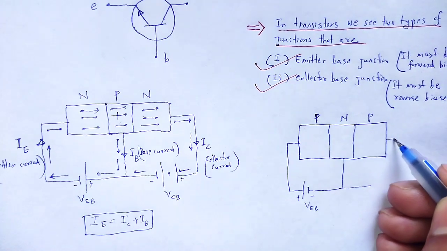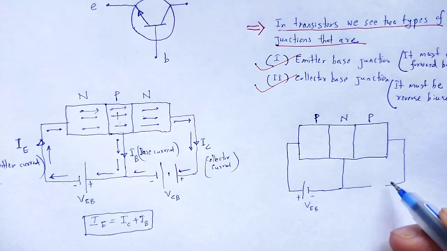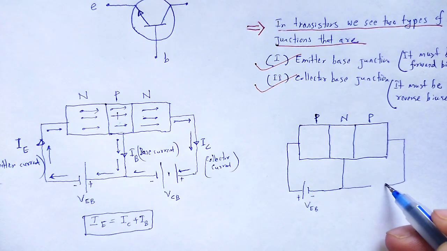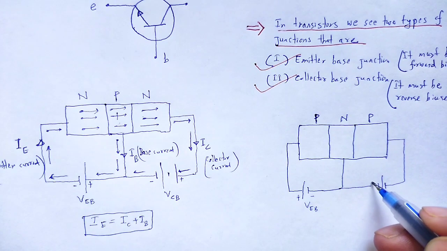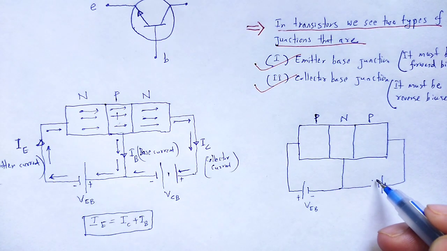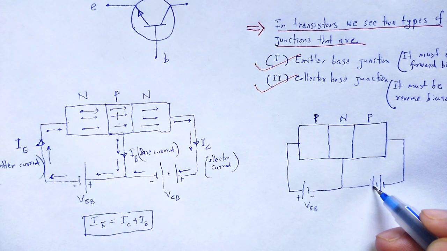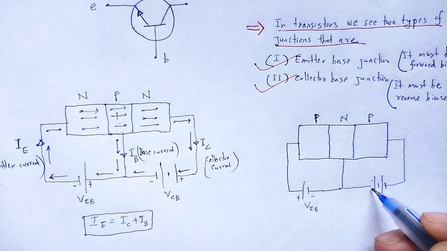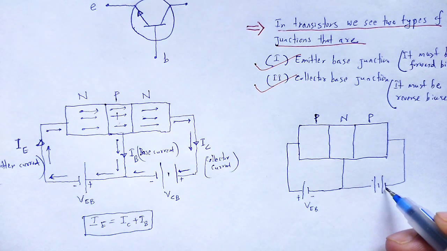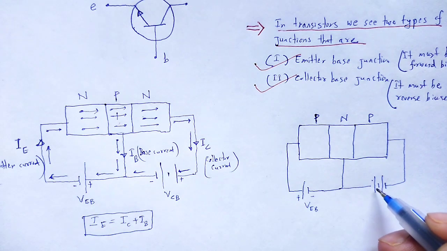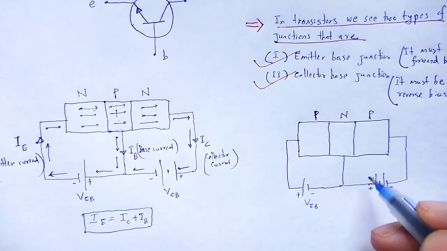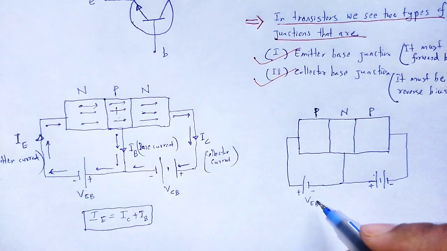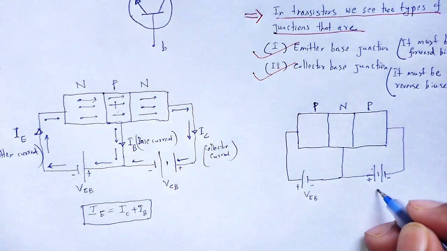Similarly, the collector base junction is reverse biased: P type negative, N type positive, and that potential is much more than VEB.